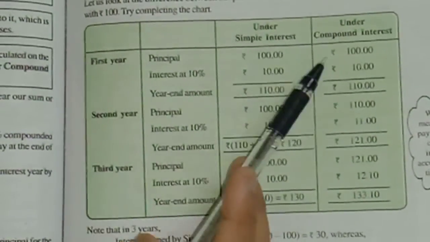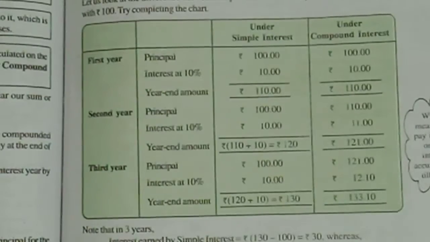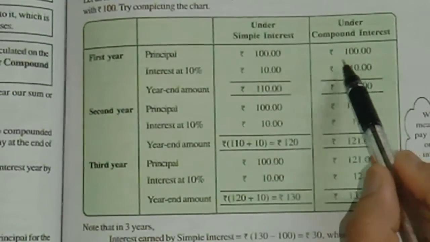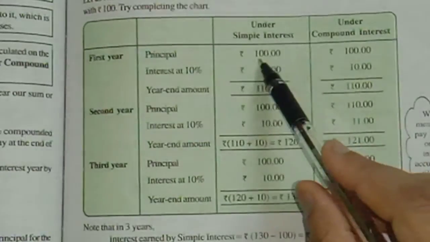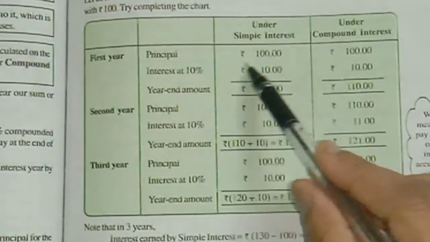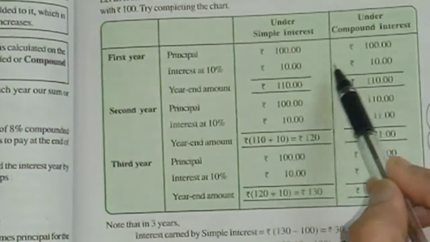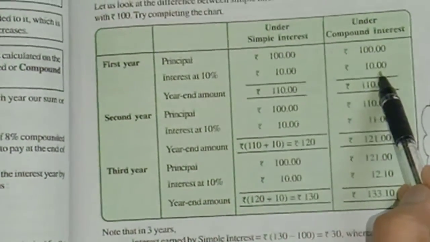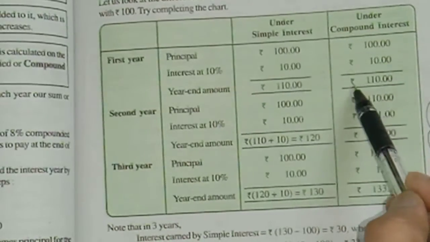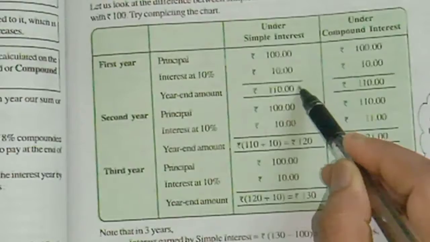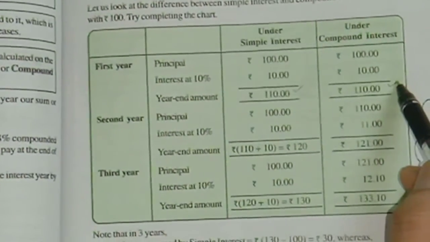In the first year, compound interest and simple interest do not show any difference, because it is the first year. Here also in compound interest, first year rupees 100, interest 10%, so rupees 10 extra. In total 110. Same in simple interest and in compound interest, both are same.